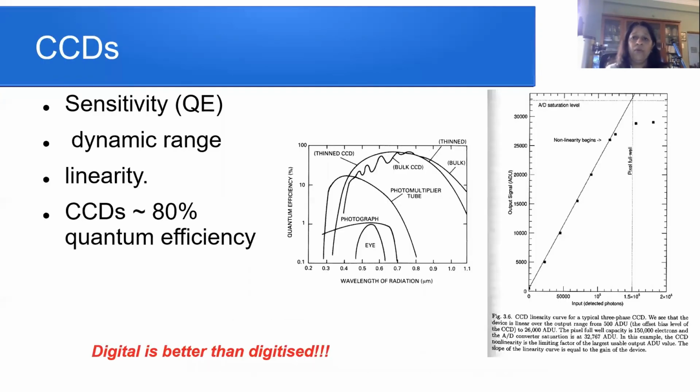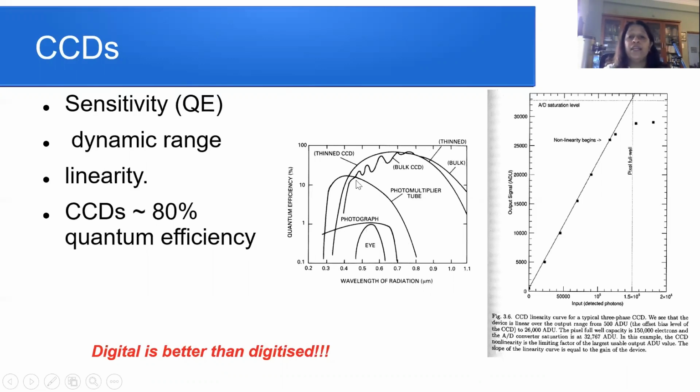Now, what is the basic advantage of CCDs? The most important is what is called the sensitivity, or what we call the quantum efficiency. It's basically telling you how many of the photons which fall on the CCD actually get detected by the CCD. For example, if you take your eye and you have, say, 100 photons, you may actually detect just one.